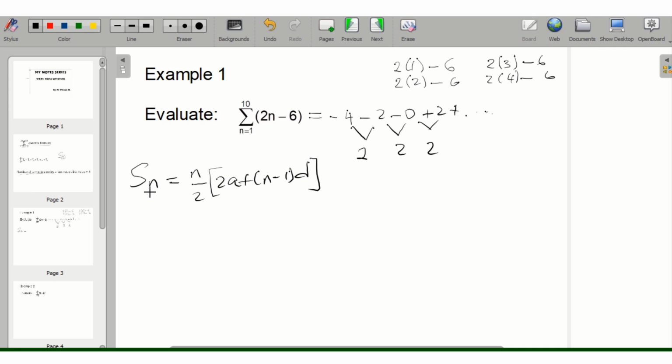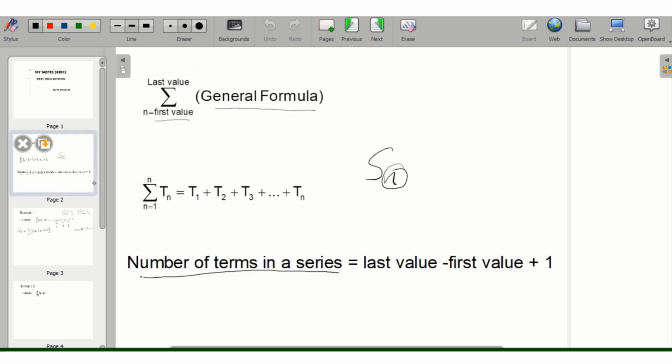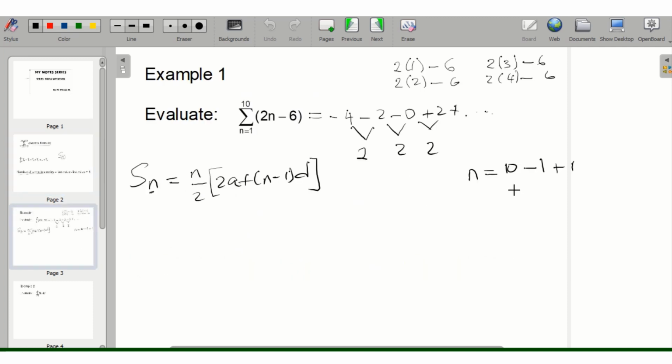So the problem is we don't know how many terms we have. We need n. To get that, we say the last value, that's 10, minus the first value, which is 1, plus 1. That was the formula that we were talking about earlier. So 10 minus 1 plus 1 would be 10.